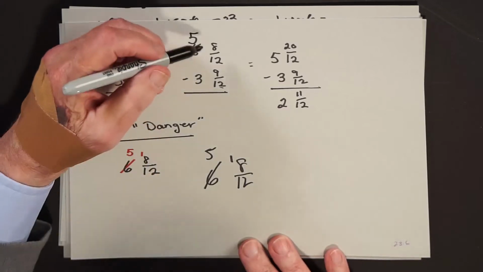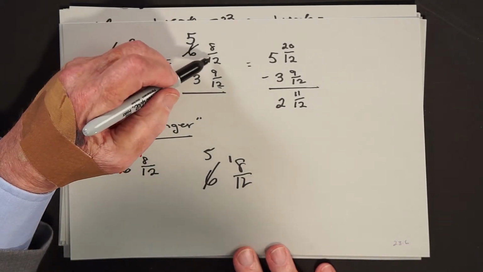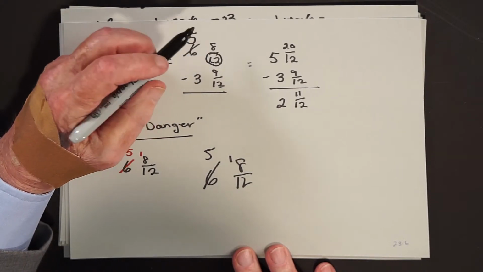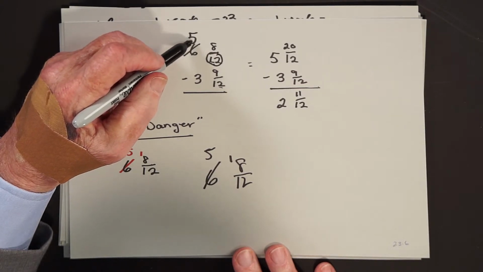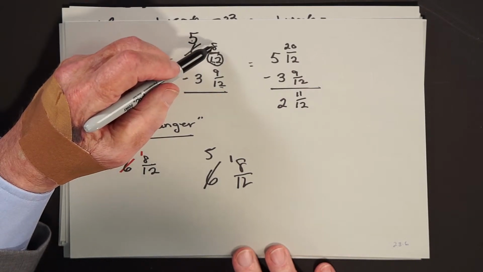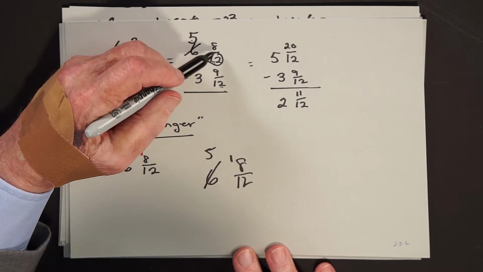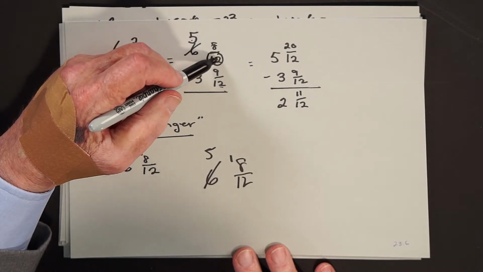The thing you have to remember is, when I borrow, the one that I use has to be expressed in terms of the same denominator that I'm using here. In other words, the 6 is being converted into 5 plus 12/12. So the fast way of doing this is when you borrow and you're dealing with fractions, the new numerator is the sum of the original numerator and the denominator.